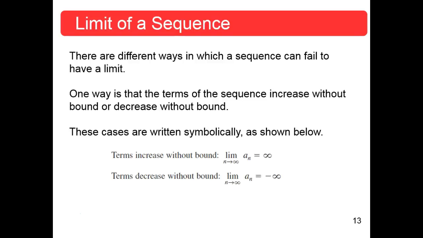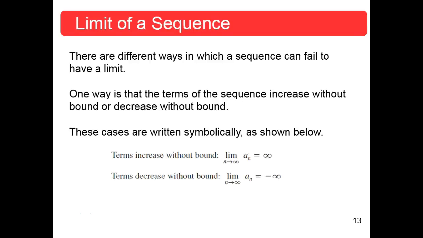One way is that the terms of the sequence increase without bound. 1, 2, 3, 4, 5, 6, 7, 8, 9, 10, 11, 12. There's no limit to that, right? Or they can decrease without bound. Remember the negative 5, negative 10, decreasing without bound. These cases are written symbolically this way.